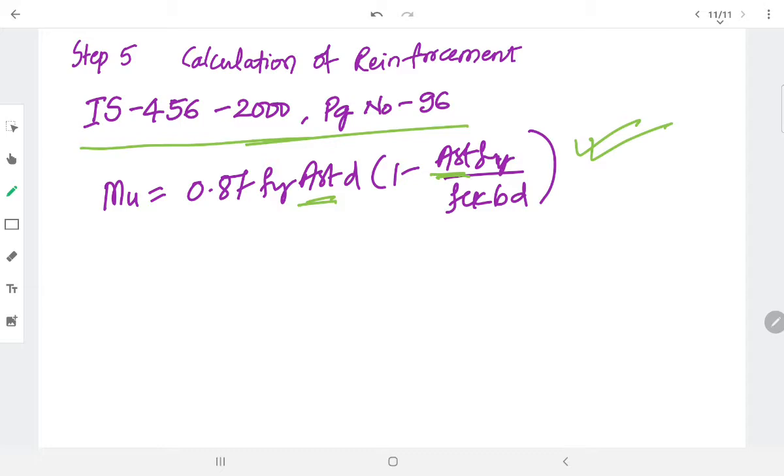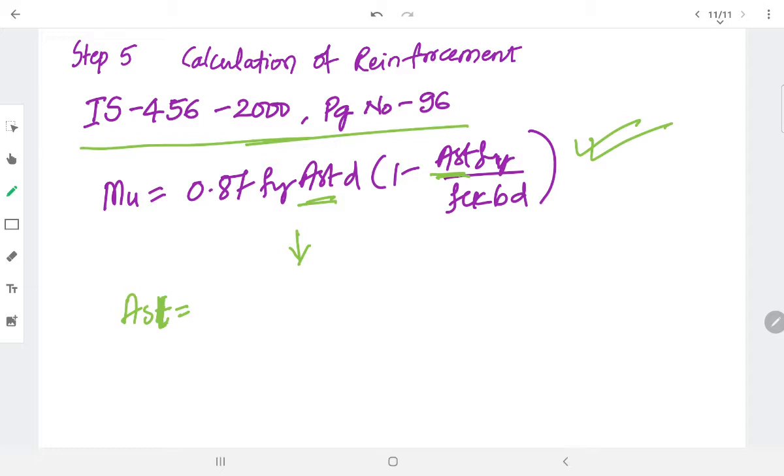When you use this equation, you will get a simplified equation in quadratic form. So I'll convert it in terms of AST itself. I'll solve this equation and get another simplified equation to calculate AST.